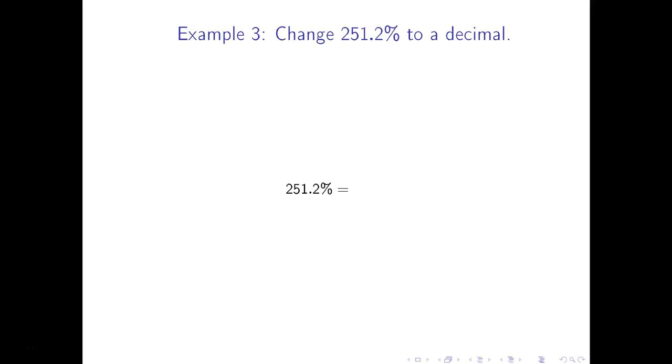Okay. What about 251.2%? Pause the video and turn that to a decimal. Well, if you did that, you would have moved it to the left 2 spots, which makes it 2.512. So we're just moving the decimal place 2 spots to make it in the appropriate way.